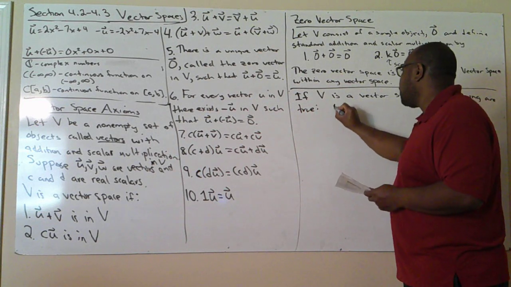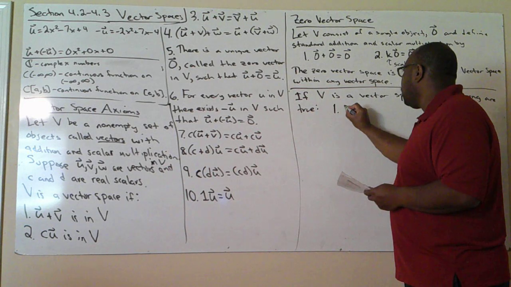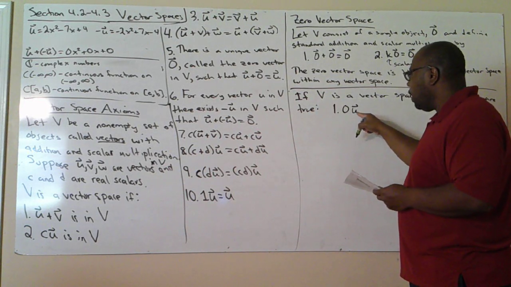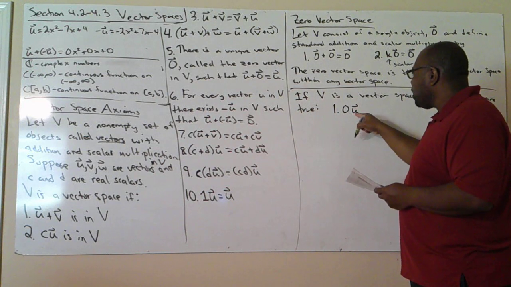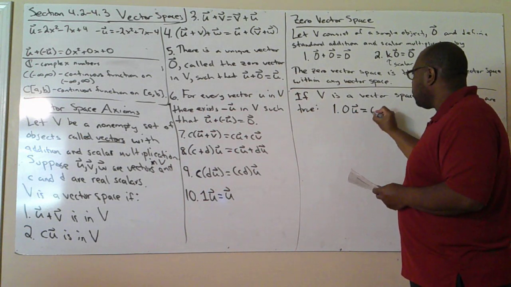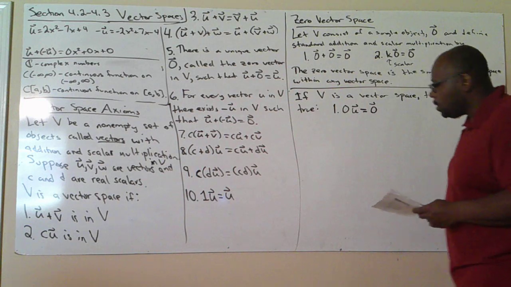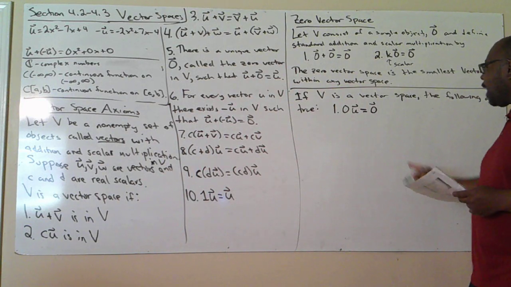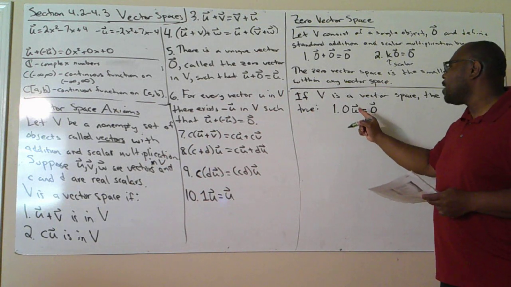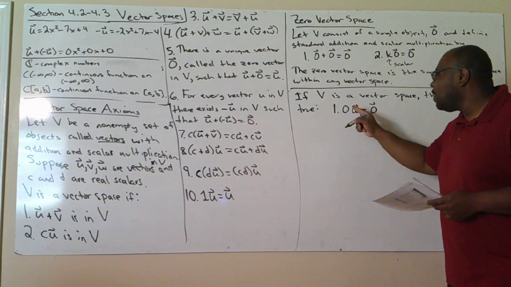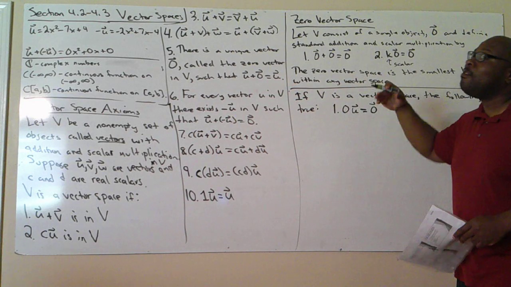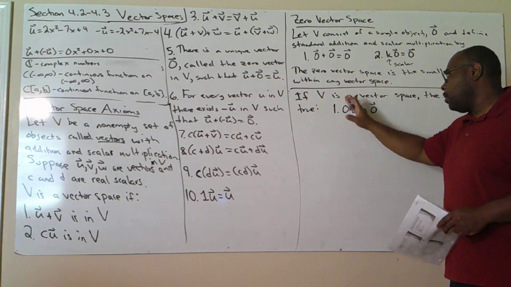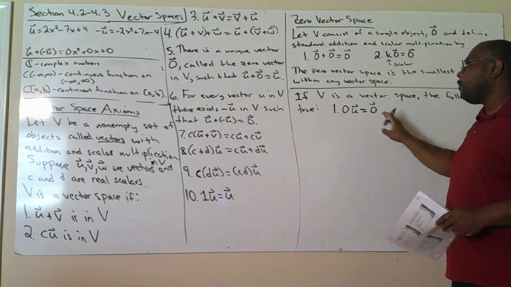The first property is that 0 times u, so the number 0, when you do scalar multiplication with u, is equal to the zero vector. That's the first property. So if you do scalar multiplication of 0 with a vector u in the vector space, then it's always equal to the zero vector.